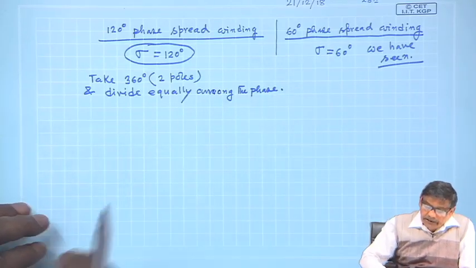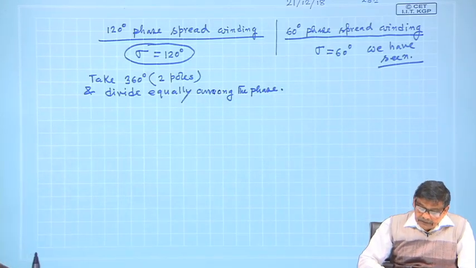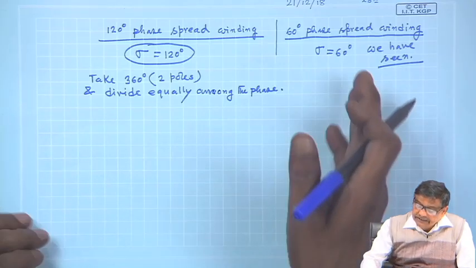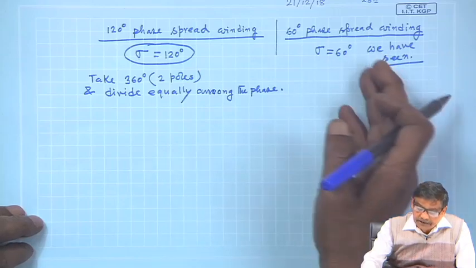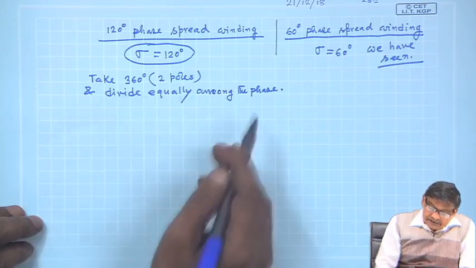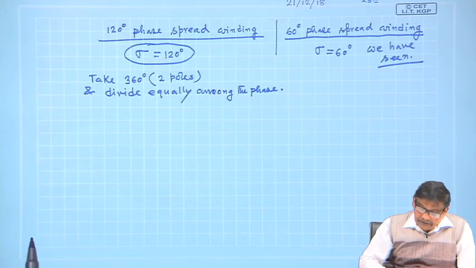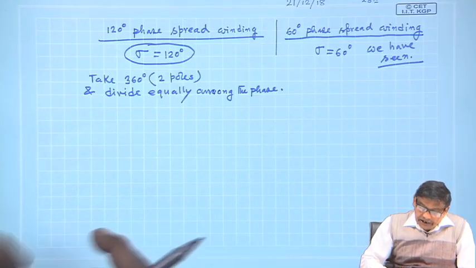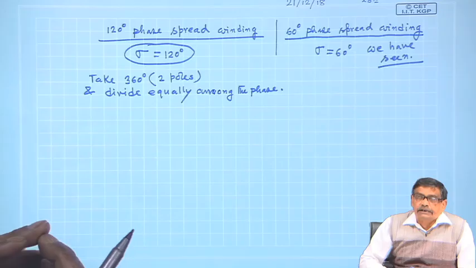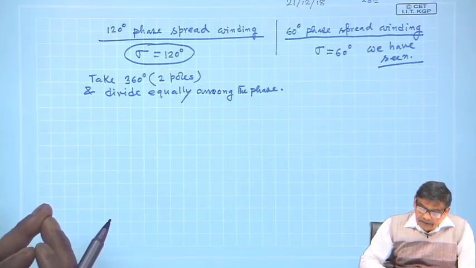Okay, divide equally among the phases. So, windings are distributed. In this case, winding is distributed 60 degree for a particular phase. In this case, windings I mean spread over 120 degree for each of the phase.